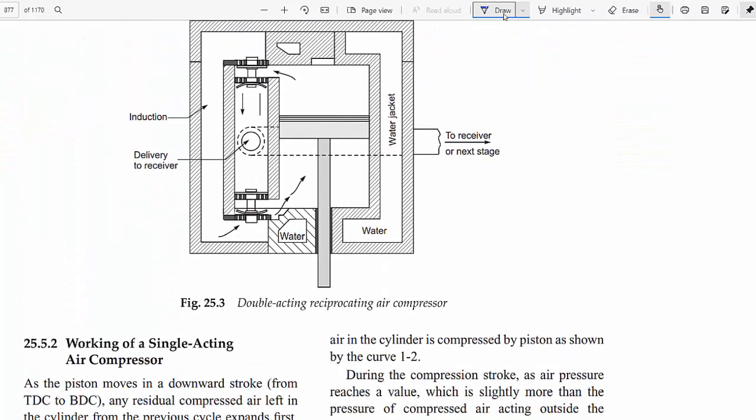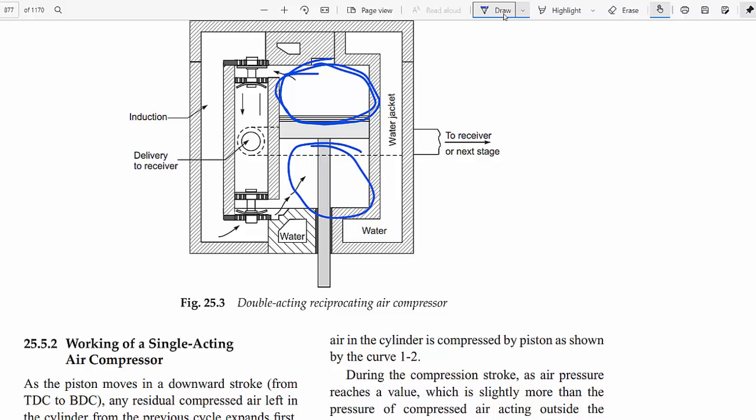Then the double acting compressor. Consider a double acting reciprocating compressor: air sucks and air delivers. Imagine the top as one part of the compressor and the bottom with the same structure as another part of the compressor.